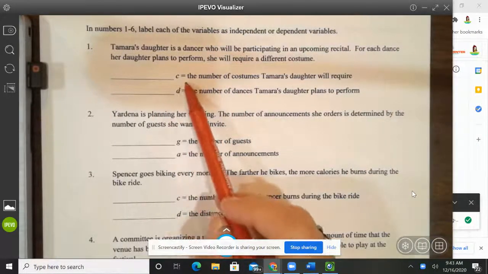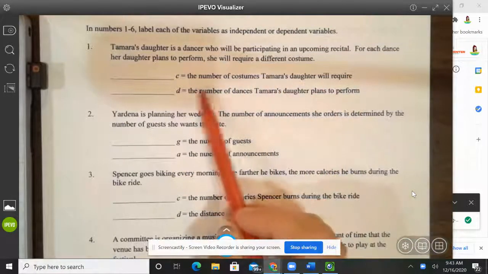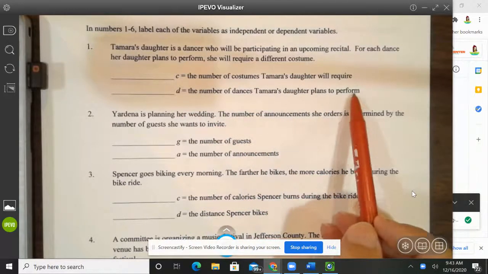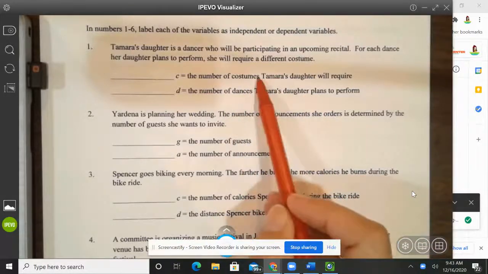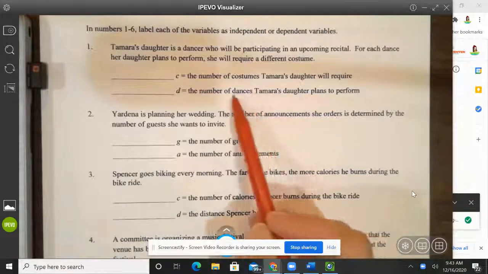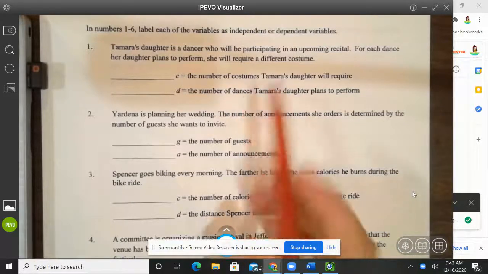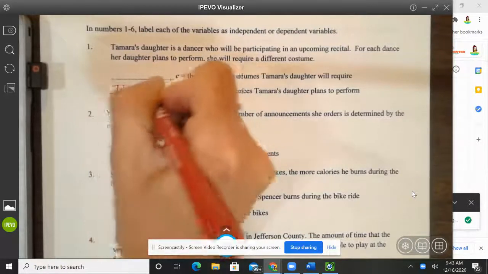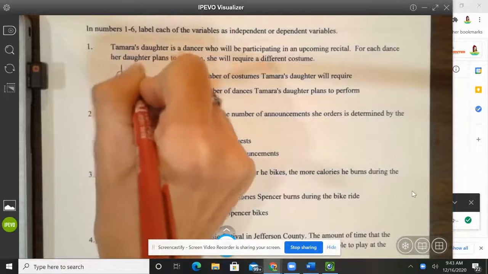C equals the number of costumes Tamara's daughter will require, and D equals the number of dances Tamara's daughter plans to perform. So how many costumes she requires depends on how many dances she will perform. So D would be the independent variable, and C is the dependent variable.